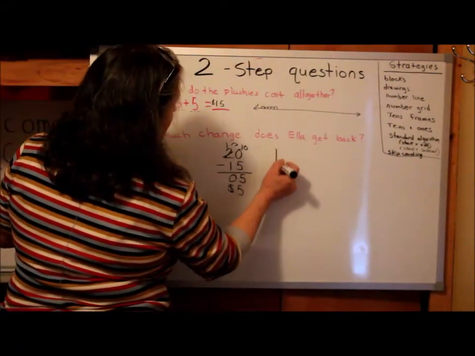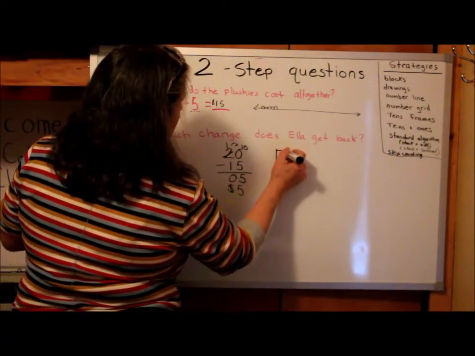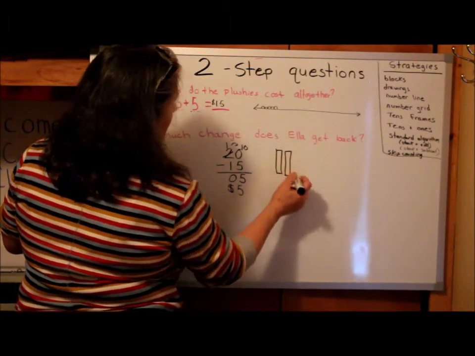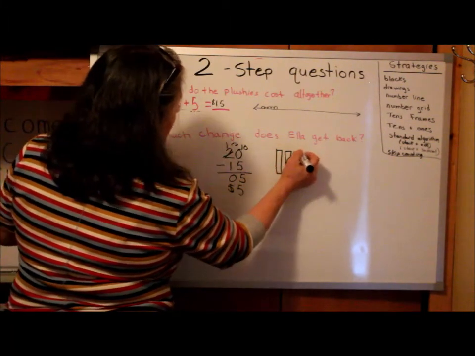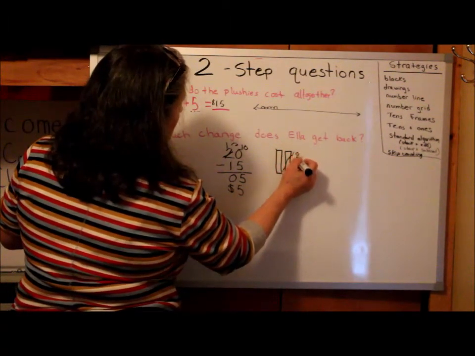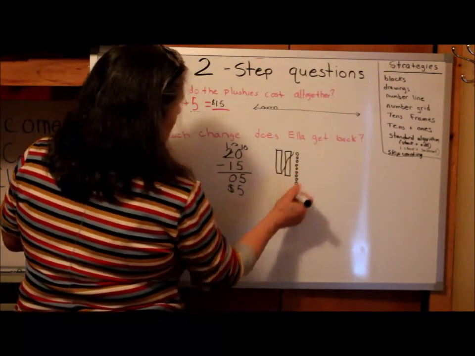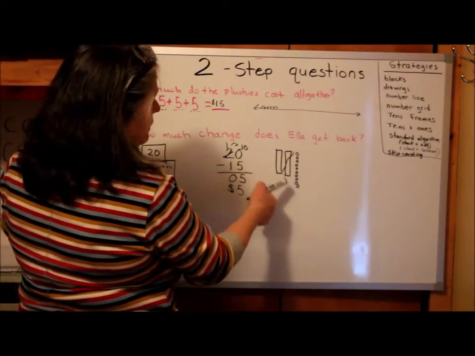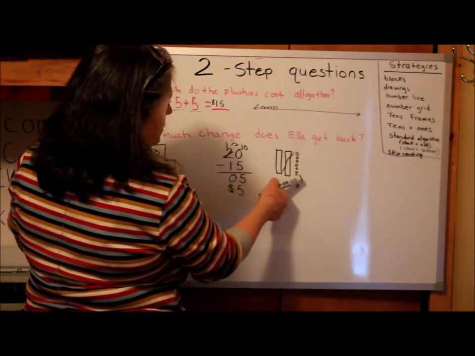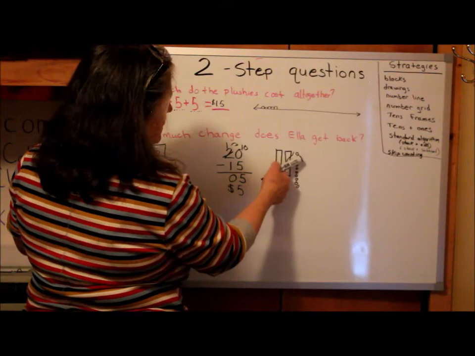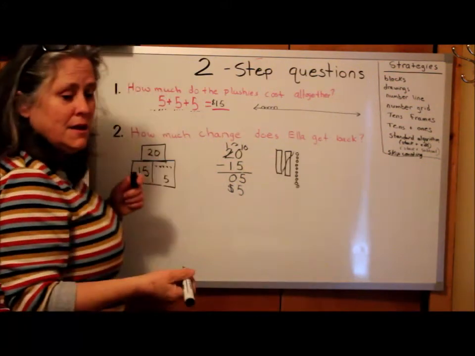So that's a 10 stick, and that's a 10 stick. I'm going to cross that 10 stick out and make it into 10 ones. So I still have 10, 20, right? 10, 11, 12, 13, 14, 15, 16, 17, 18, 19, 20. So I still have 20.